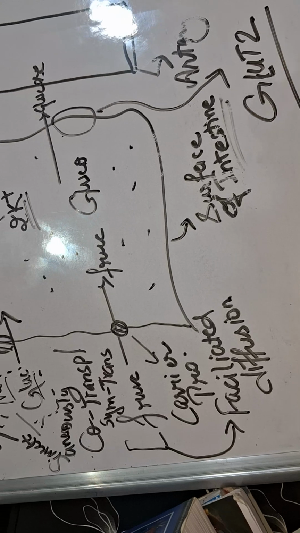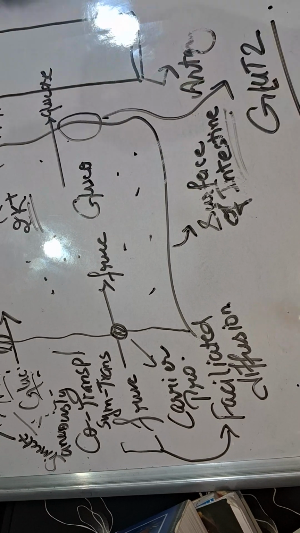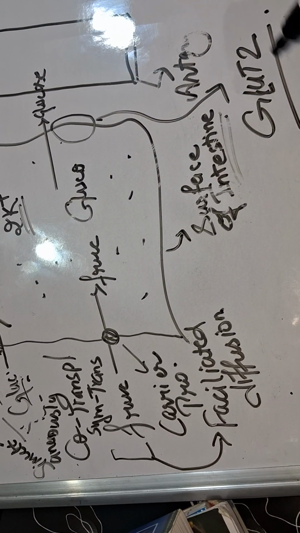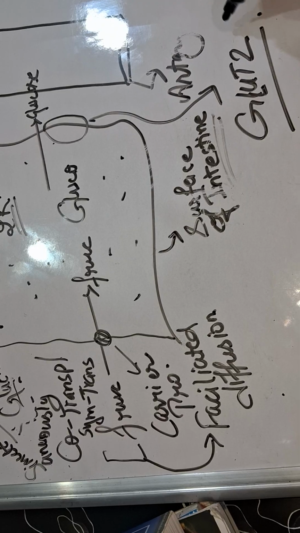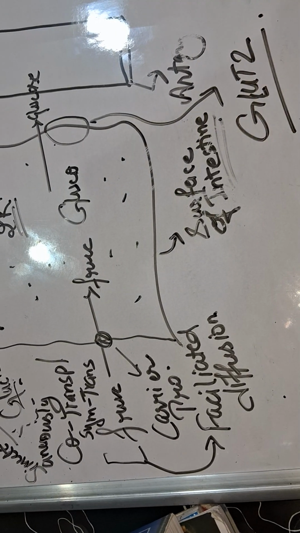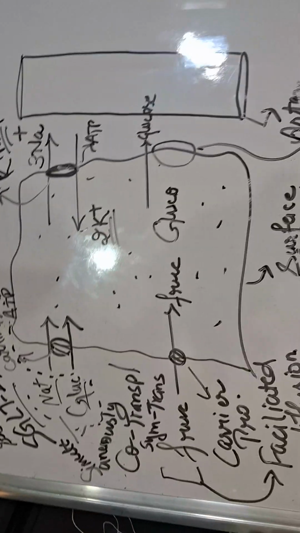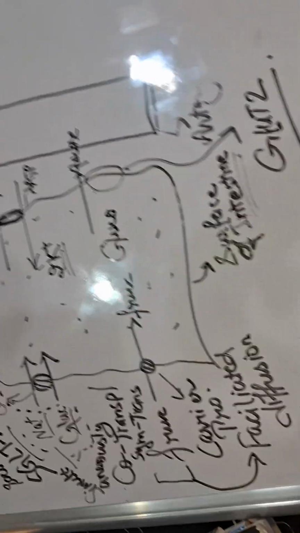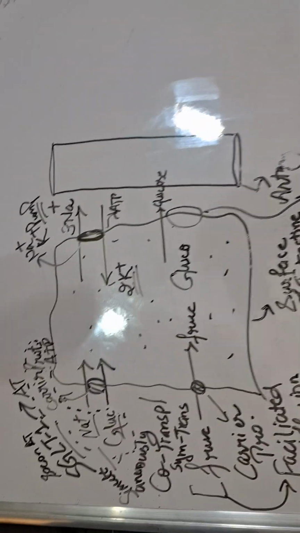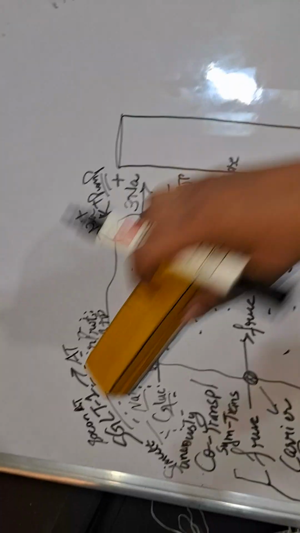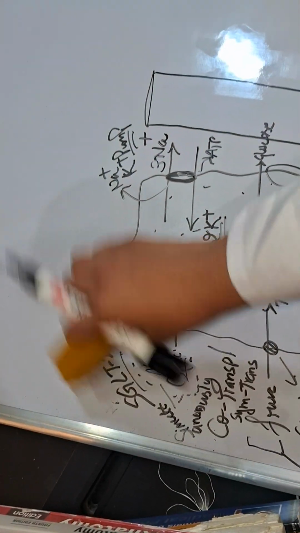Okay, glucose moves outside the cell with the help of GLUT2, which is a carrier protein, helps in the transportation of the glucose. Okay, secondary active transport.